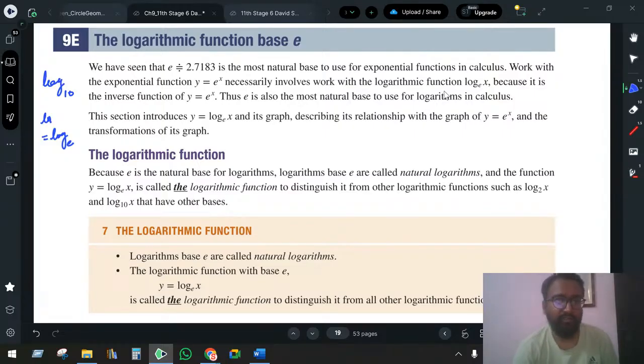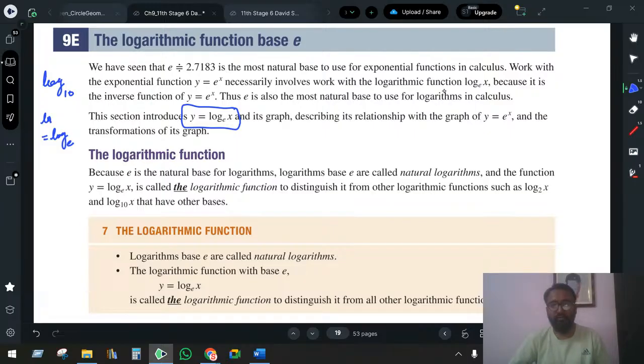So in this section, we introduce y equals log x base e and its graph. Till now we have seen exponential, so now we will see the logarithm with base e, describing its relationship with the graph of y equals e power x. It is an inverse, a reflection about the line y equals x.